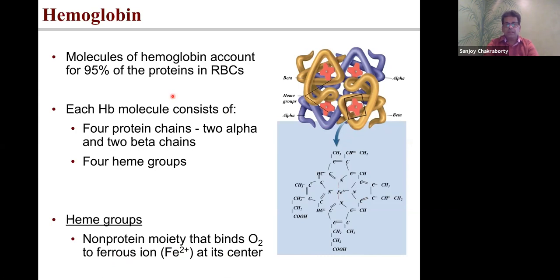So it's a great carrier of oxygen that helps our body to maintain its demands. So the bottom line is, what makes hemoglobin? A hemoglobin molecule consists of 4 protein chains plus 4 heme groups. 4 protein chains, 2 alpha and 2 beta in the normal adult, and 4 heme groups attached to all 4 protein chains. Those heme groups contain iron. That's the structure of hemoglobin.